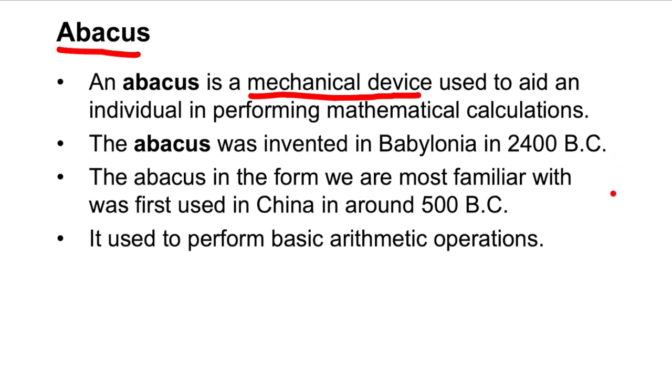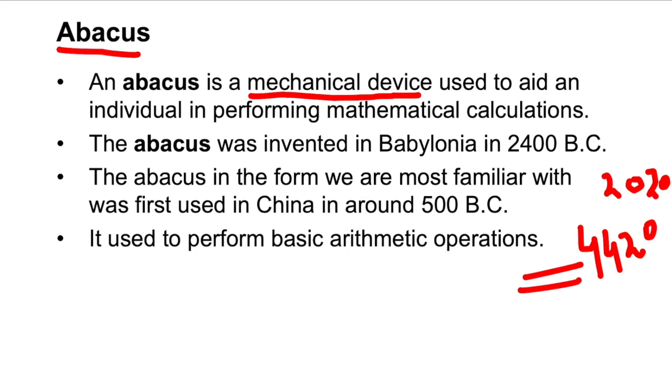So it's currently 2020, so you can just see how old it is. It's almost 4420 years ago. So it was a very old device which humans used for calculations.